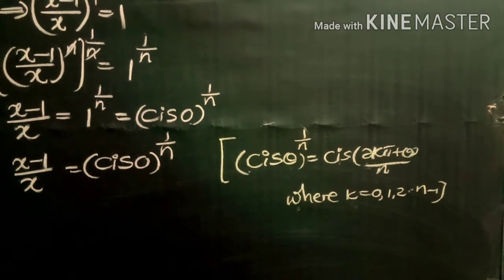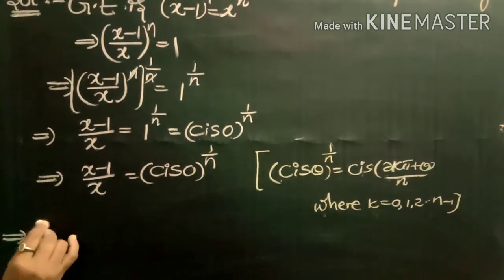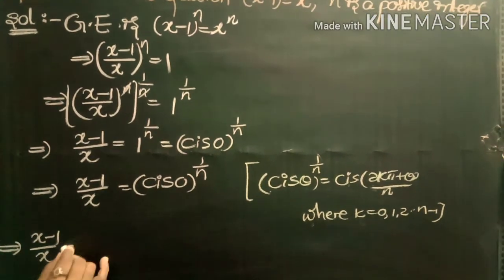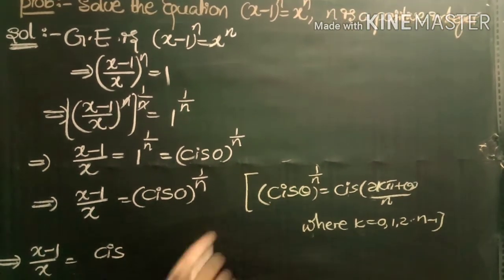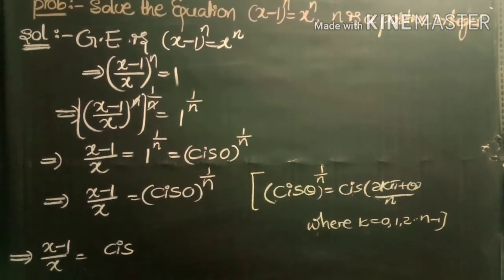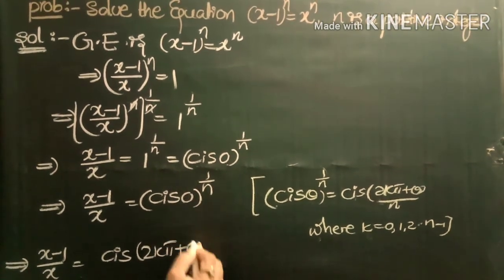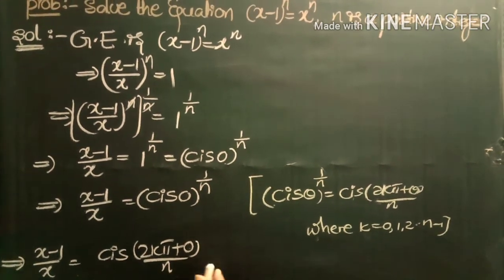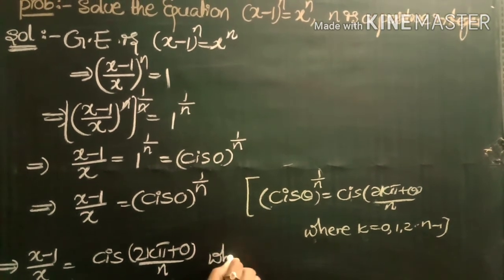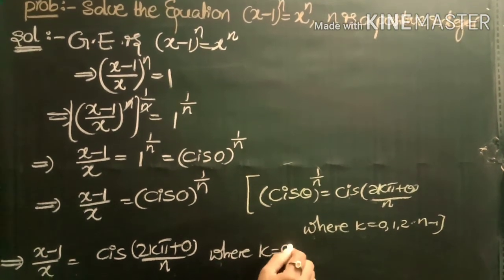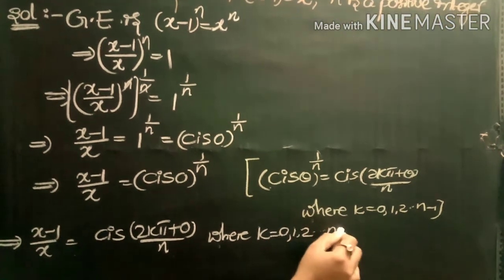Now applying that formula here, (x minus 1) by x is equal to cis of (2k pi plus 0) by n, where theta is 0 and k is equal to 0, 1, 2 and so on up to n minus 1.